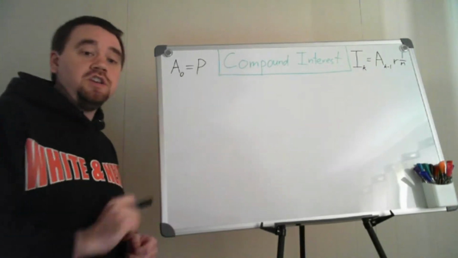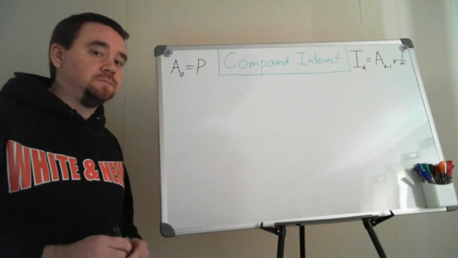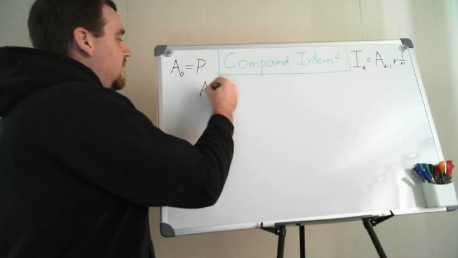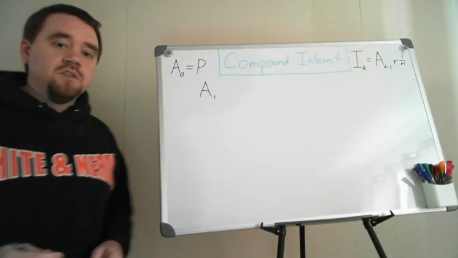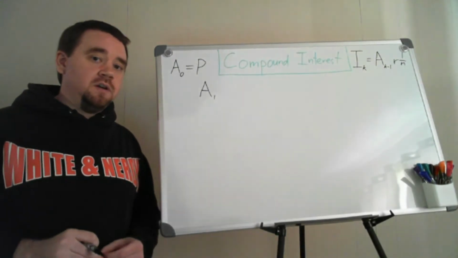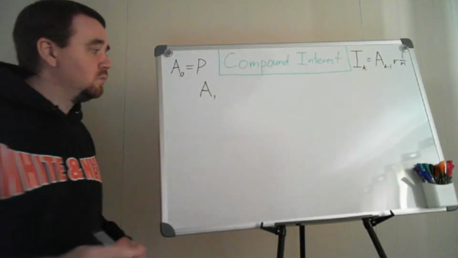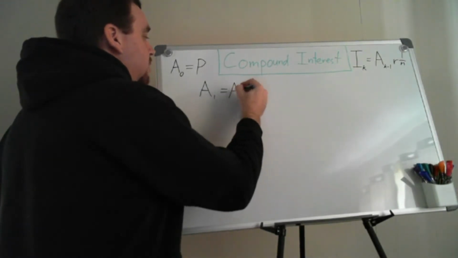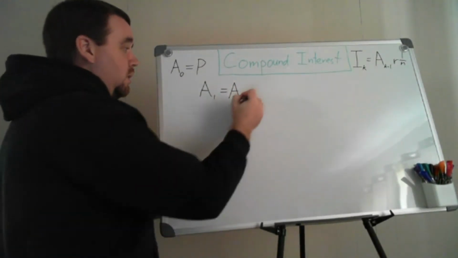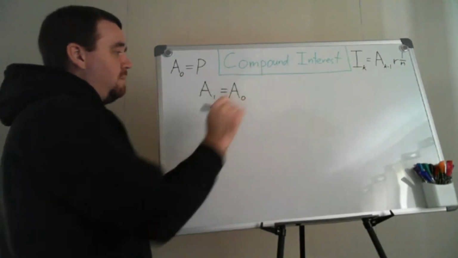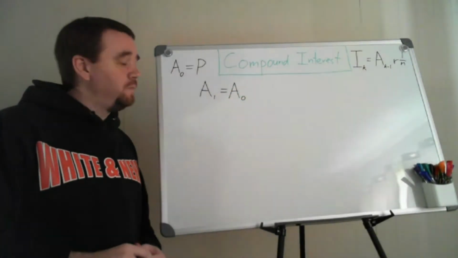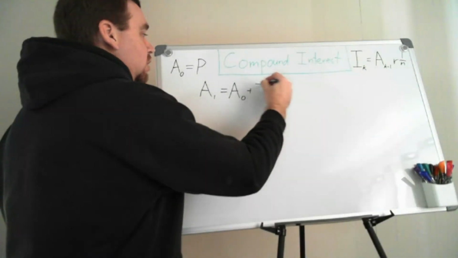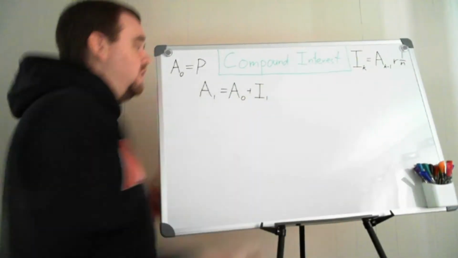So this is what we're going to use to find the compound interest formula. So let's start with the period A sub 1. So after the first compounding period, how much money do I have? Well, I start with how much money did I have previously? Well, that was the previous compounding period, A sub 0. And then I'm going to add to it how much interest that I earn during this compounding period.